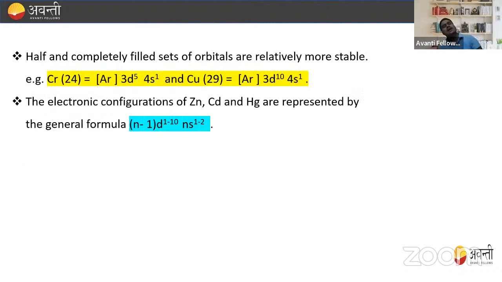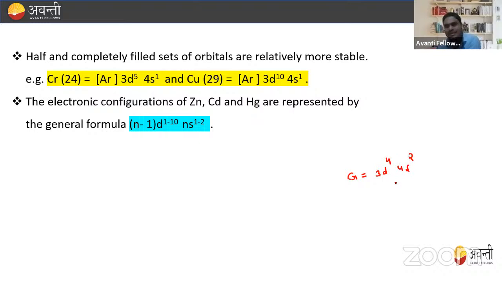Good. Now, half and completely filled sets of orbitals are relatively more stable, like chromium. In general, we write the electronic configuration of chromium as 3d4 4s2, right?